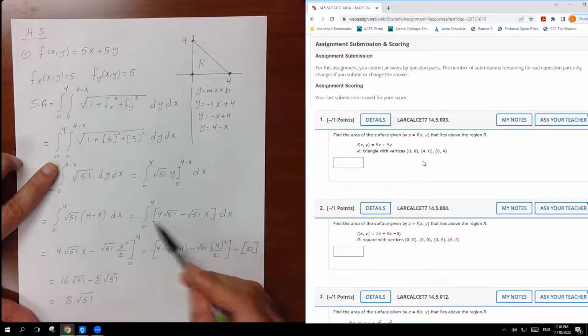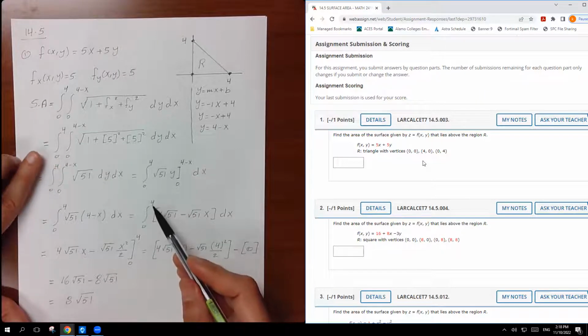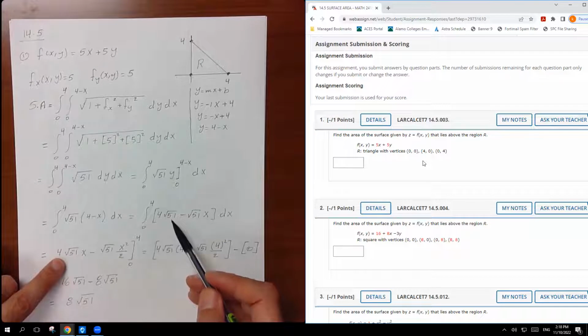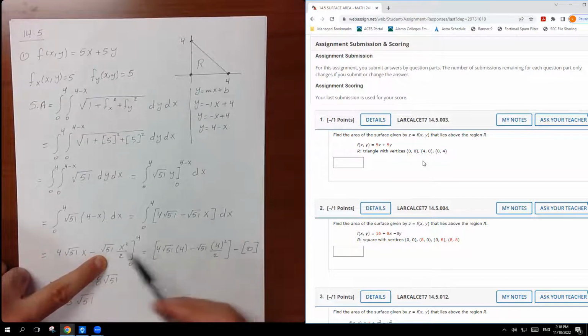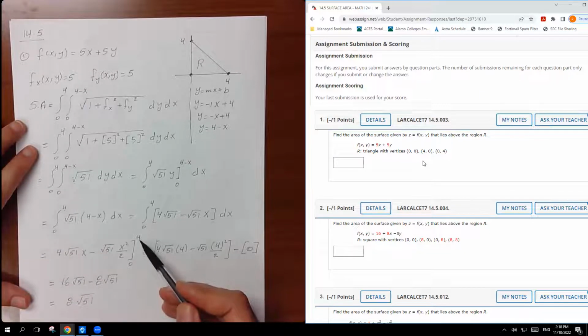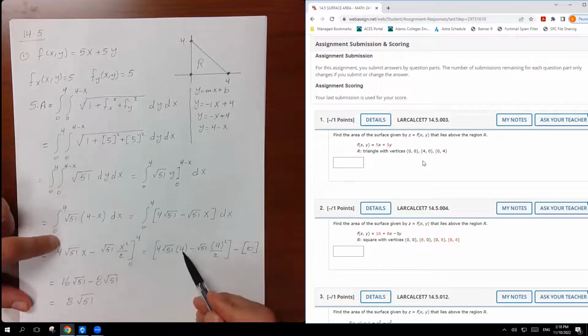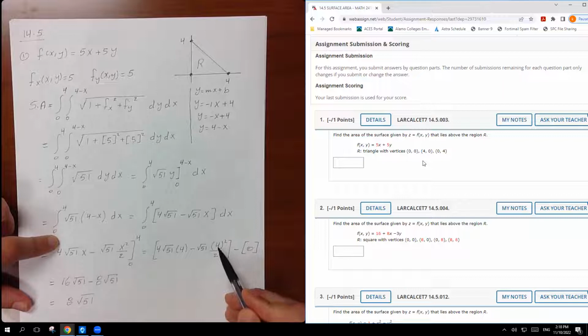Now do the integral with respect to x from 0 to 4, so it's going to be 4 square root of 51 x minus square root of 51 x squared over 2, from 0 to 4. Plug in the 4, so here is 4, and here is 4 squared, minus 0.